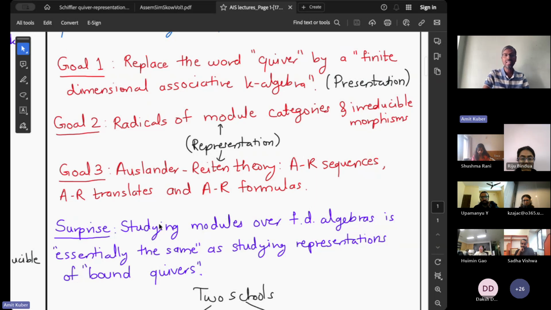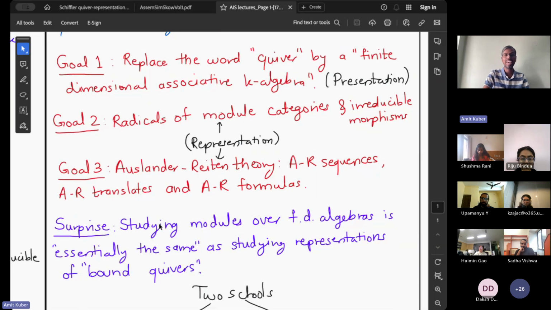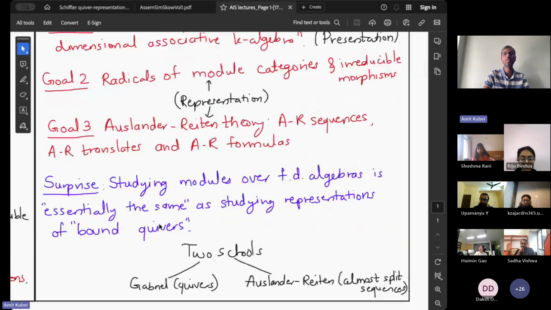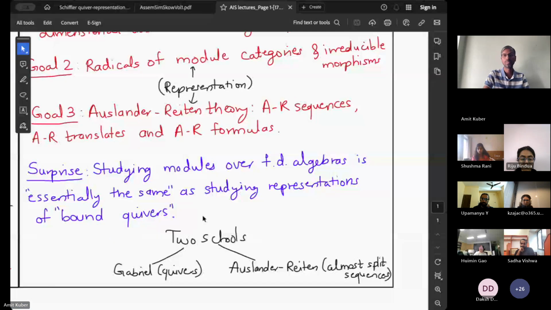This whole idea came into existence through two different schools. The first one, you have seen Gabriel, and he introduced this quiver theoretic approach. The second is the so-called Auslander-Reiten school of thought. The main idea is the almost split sequences, but the tools will be homological in nature.